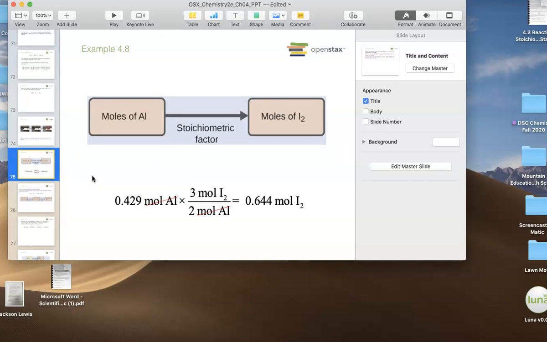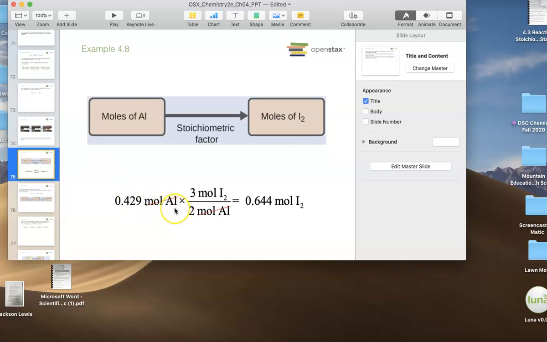Here's a nice picture that shows the relationship. How do I convert moles of aluminum to moles of iodine? The stoichiometric factor is a conversion factor from the balanced equation. We're starting with 0.429 moles of aluminum.